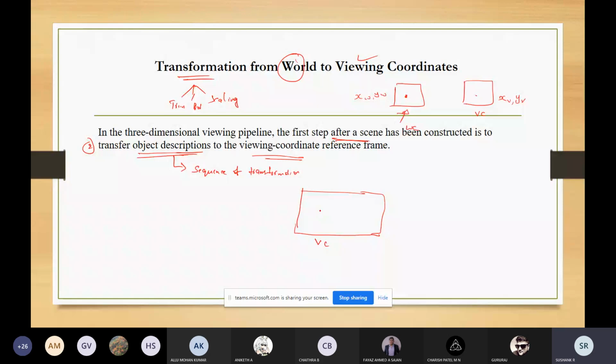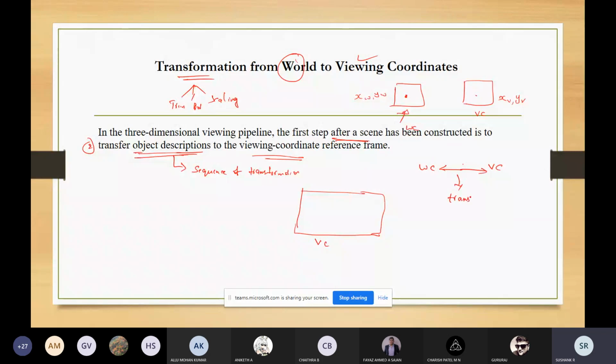This conversion can be performed by using the transformation between the coordinate systems. So between the world coordinate reference frame and the viewing coordinate reference frame, you can use the transformation to transfer the object description.